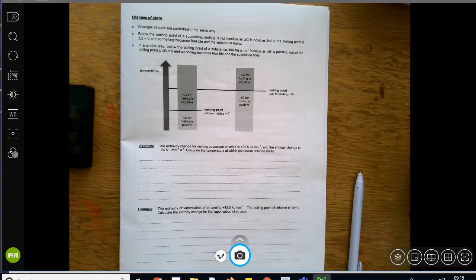So what we're saying is that at those points, delta G must be equal to or less than 0.